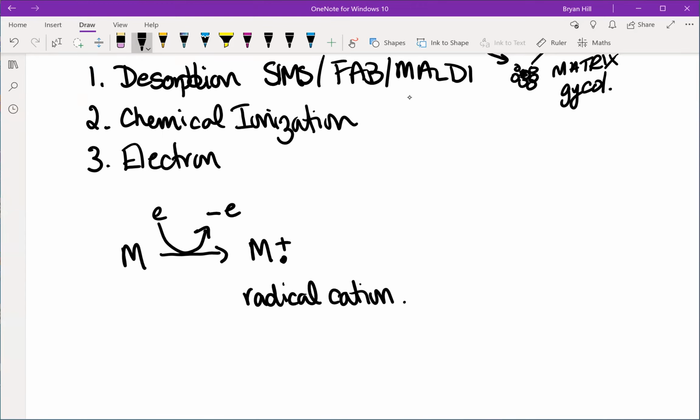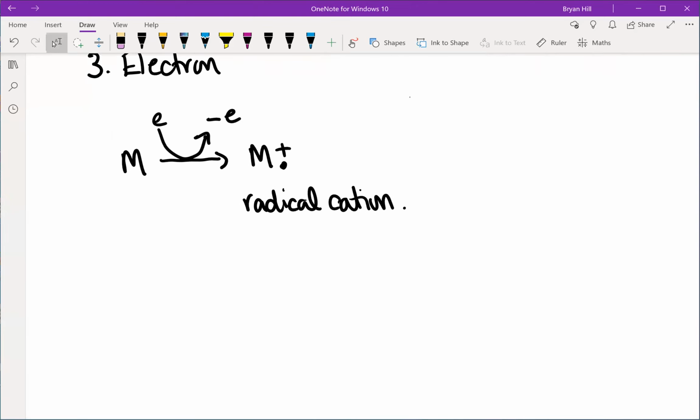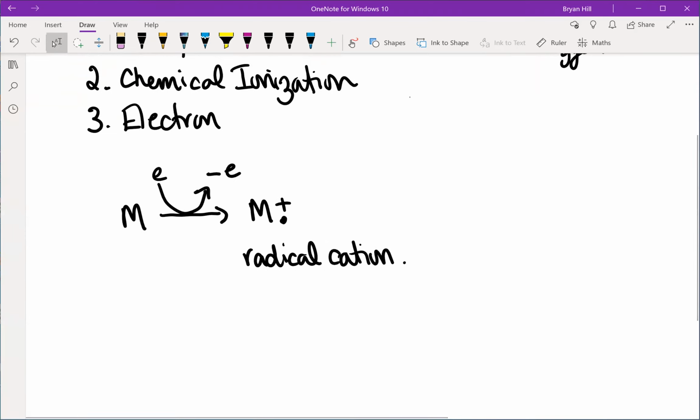With chemical ionization, the only difference is that there's a carrier gas in there. So you've got some gas, typically things like NH3 or methane. And instead of losing the electron, quite often your sample gets protonated.